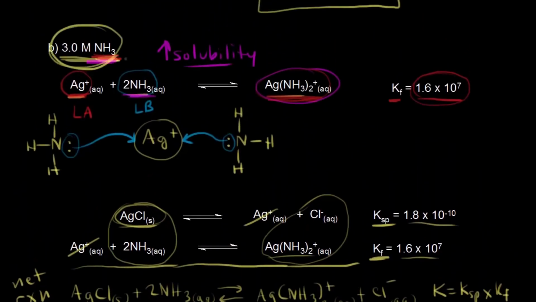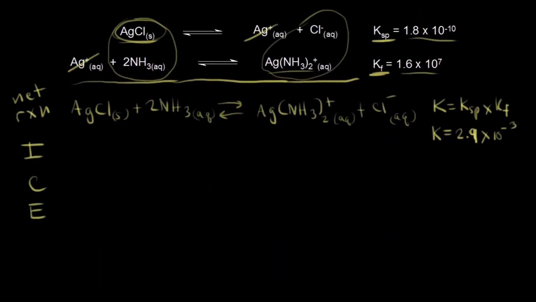Well, we started with a 3 molar solution of ammonia. So our initial concentration for ammonia is 3 molar. And if we haven't added any of our silver chloride, then we don't have any of our complex ions. So the initial concentration of our complex ion is 0, and we also wouldn't have any of our chloride anion either, so that concentration would be 0 too.